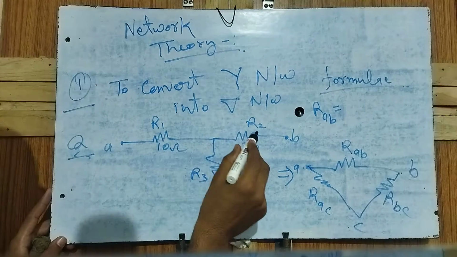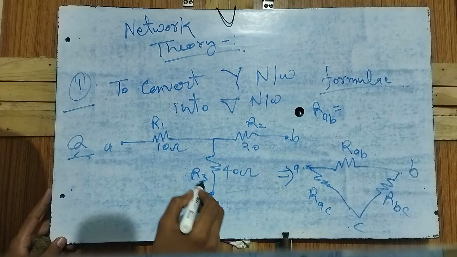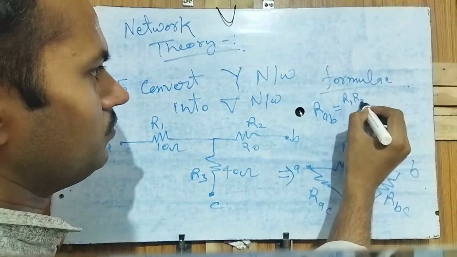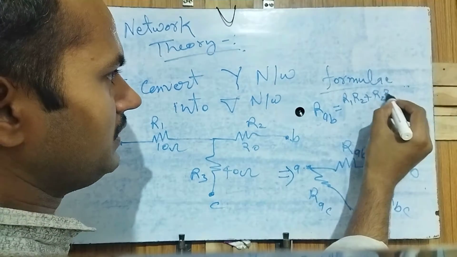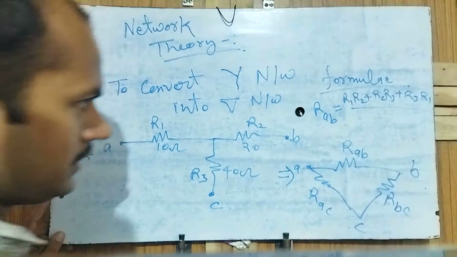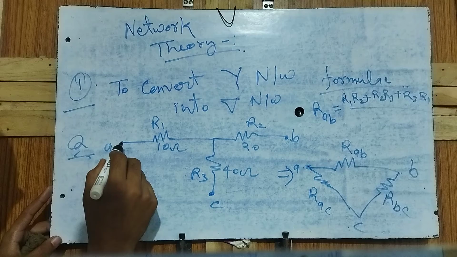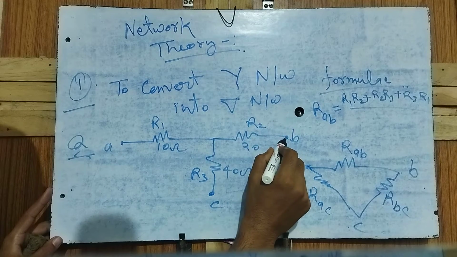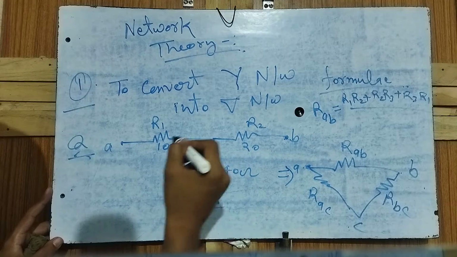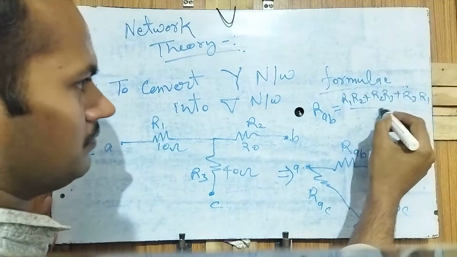To find RAB, multiply R1 R2, R2 R3 and R3 R1, then add. So it will be R1 R2 plus R2 R3 plus R3 R1. Divide by which one? For RAB, the resistor in front of it is R3, so divide by R3.